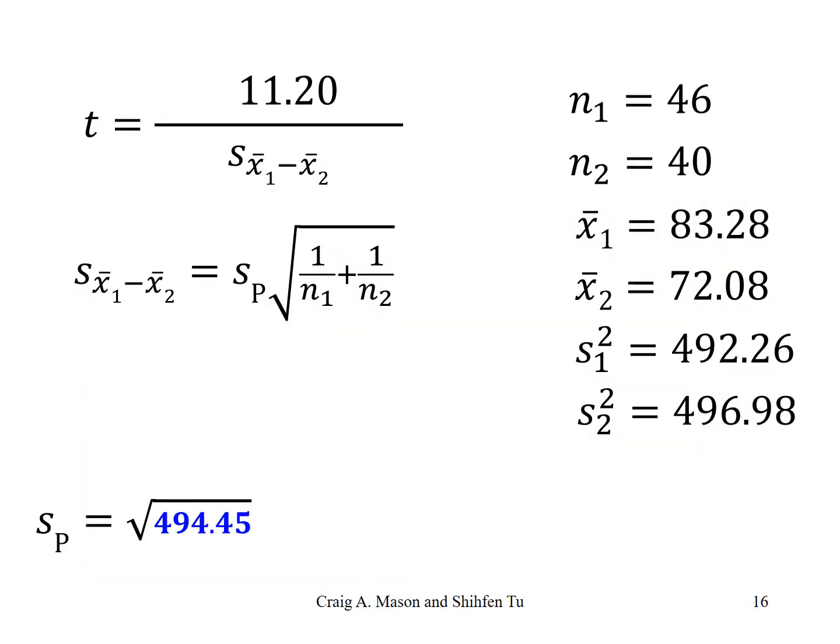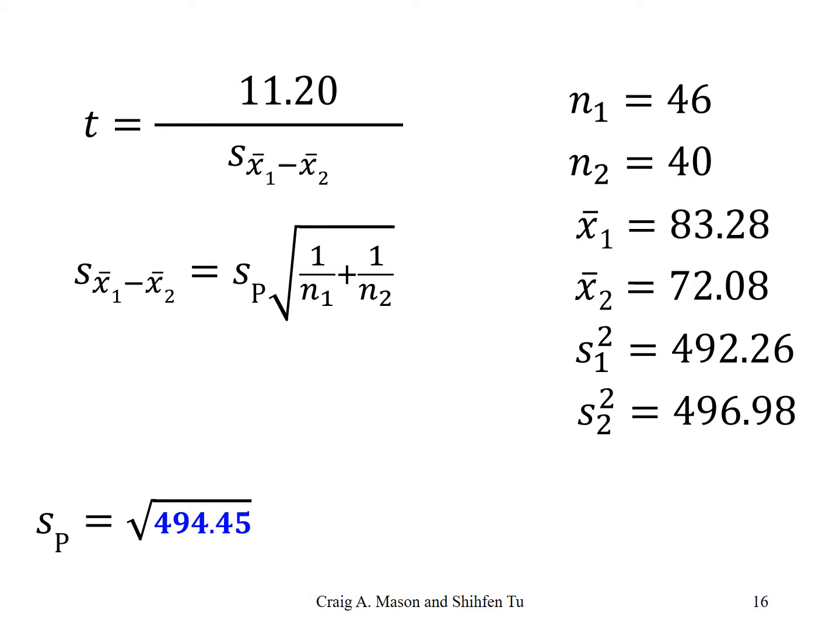So 494.45 is also our pooled variance. And notice something in the data. Our pooled variance of 494.45 is right on par with the individual sample variances that we observed. But just like the pooled standard deviation gives us a better estimate of the population standard deviation, the pooled variance also gives us a better estimate of the population variance, again assuming the population variances are equal.